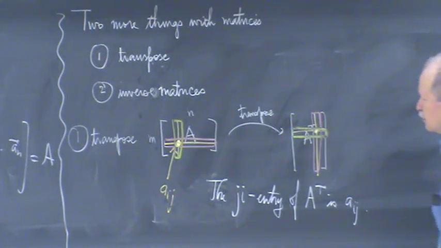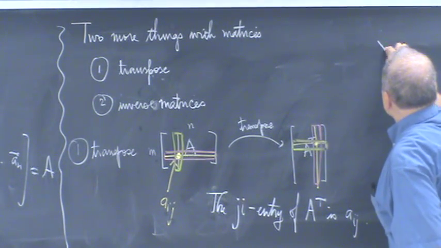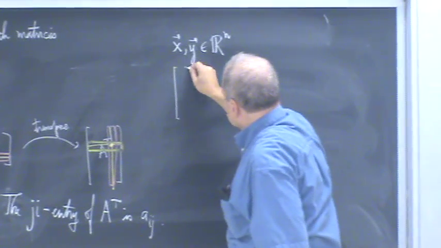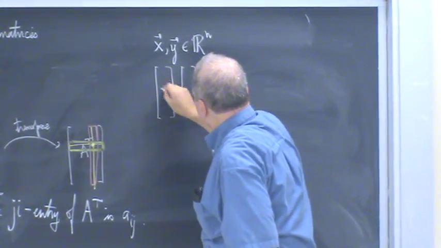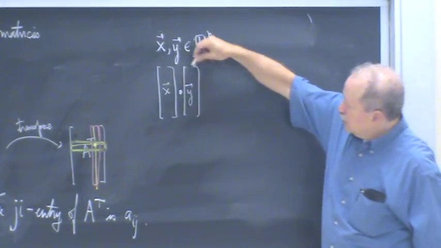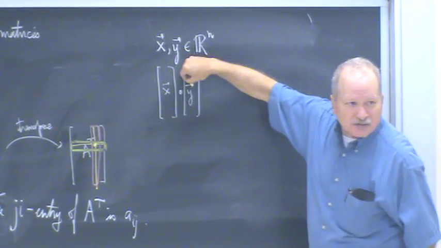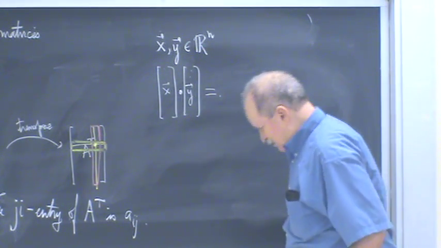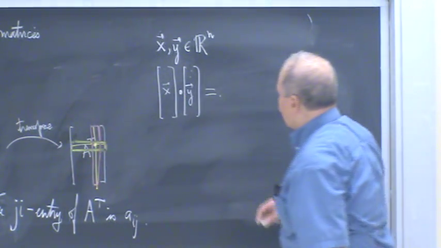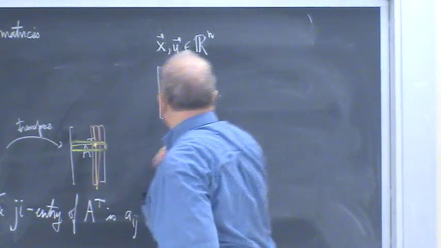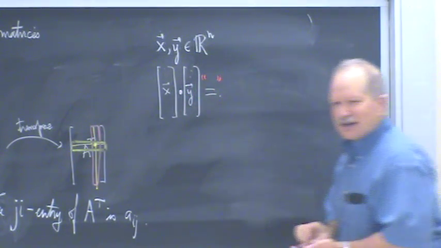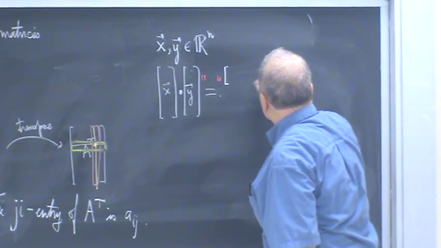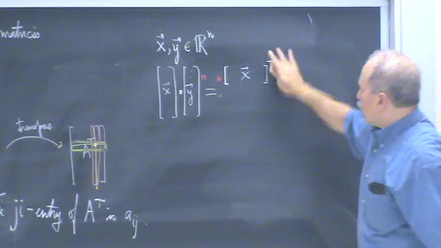So we've already noticed that if I took a vector x and a vector y, both in Rn, you could think about the dot product. If you took x and dotted it with y, you would do x1 y1 plus x2 y2 plus x3 y3, etc. And the point is that, more or less, so I'm going to put quotation marks because I'm sure somebody's going to have a complaint, if I took x and turned it on its side, so I'm going to write it this way.